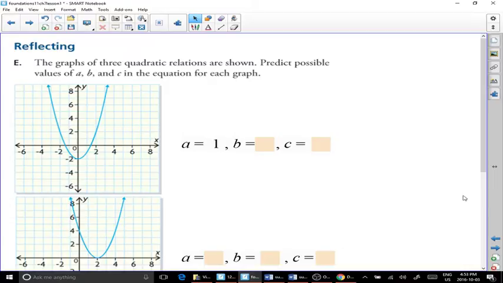It's just moved down 2. If it's just moved down 2 and that's it, then B should be 0. And C, because it's moved down 2, C should be -2. And it is.